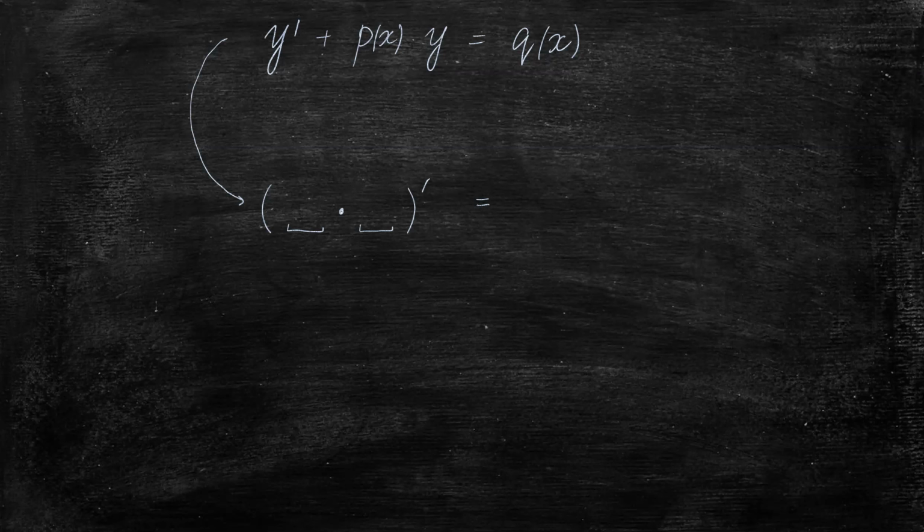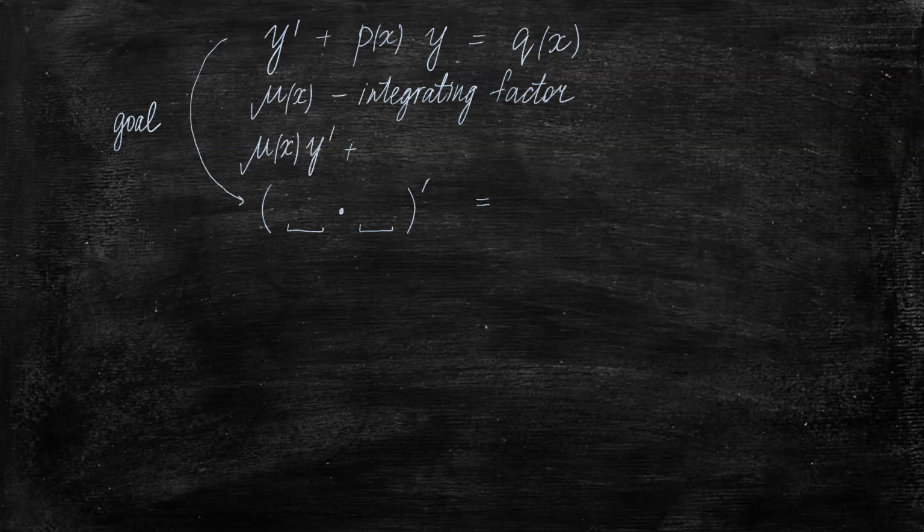So the idea is that now that we know what the goal is, we're going to strategically pick some function which we'll label mu of x, and it will be called the integrating factor, such that when the entire equation is multiplied by this integrating factor, the integrating factor becomes the leading coefficient of this equation, and then it is present in every coefficient of this equation, as well as on the right hand side of the equation.